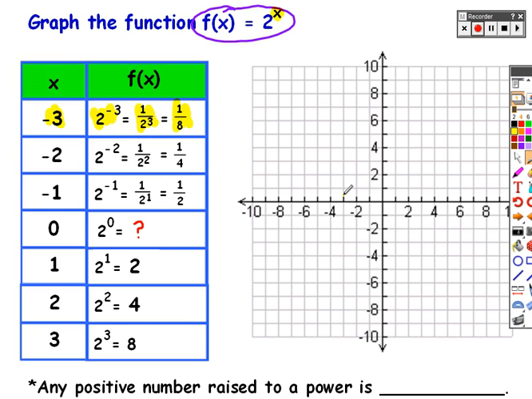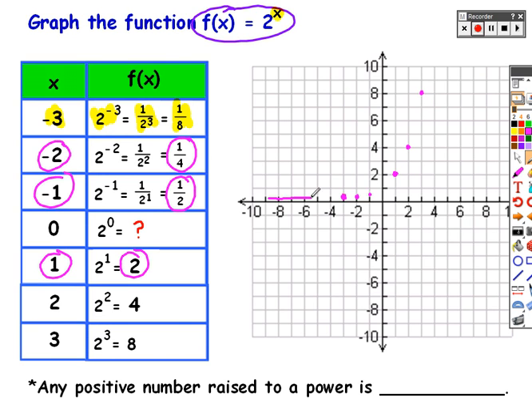So here's the point, negative 3, positive 1/8. If I plug in negative 2 for x, this is what comes out for y. If I plug in negative 1 for x, I get out 1/2 for y. If I plug in 1 for x, I get out 2. 2 squared is 4. 2 cubed is 8.